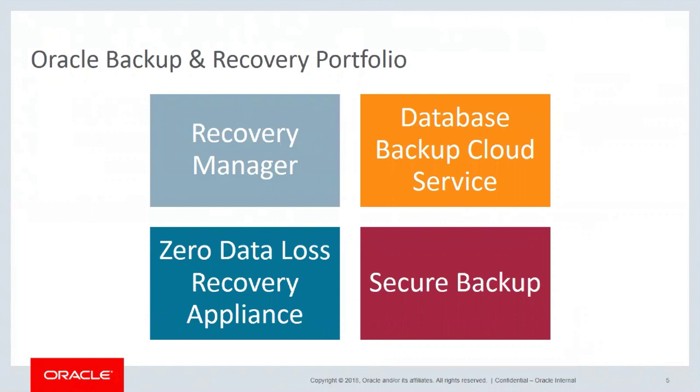The last one in this picture is Oracle Secure Backup, which is a more traditional backup software that can back up not only the Oracle database, but also generic file systems on the most commonly used platforms: Linux, Windows, Solaris, HPUX, AIX, etc. It can use tapes, disk, or cloud storage as a target as well.